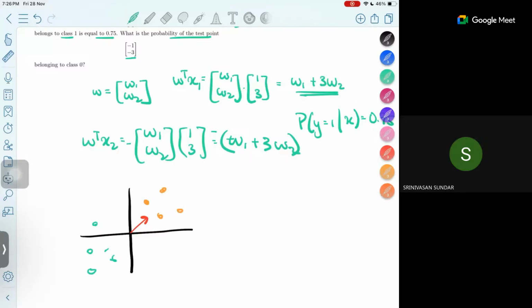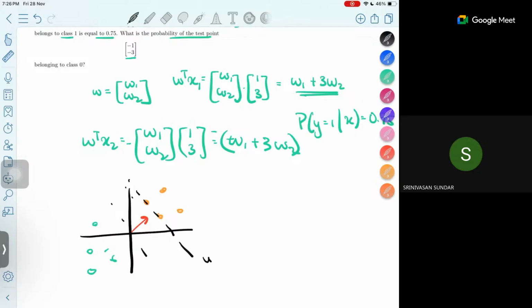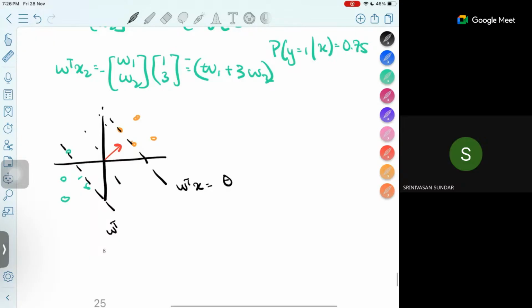I can draw this decision boundary, and let's say this is the set of all points for which W transpose X is equal to some theta. Naturally, this will be the set of all points for which W transpose X is equal to minus theta.